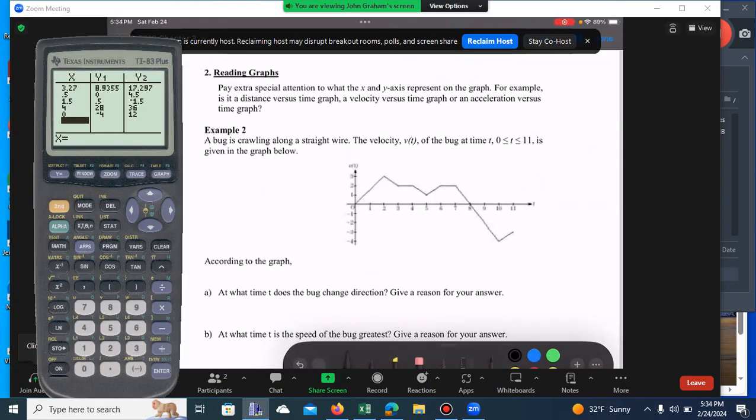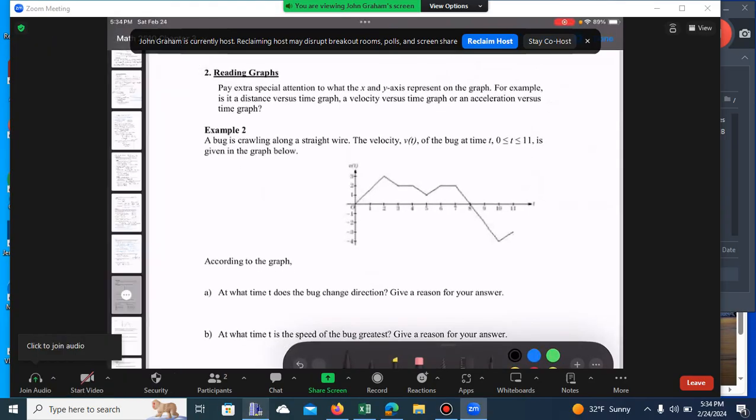Alright, so let's look at some graphs now. In this particular graph, we have a bug crawling on a straight wire. The velocity v of t of the bug at time t, between 0 and 11 seconds, is given by the graph below. We're going to dissect each area.